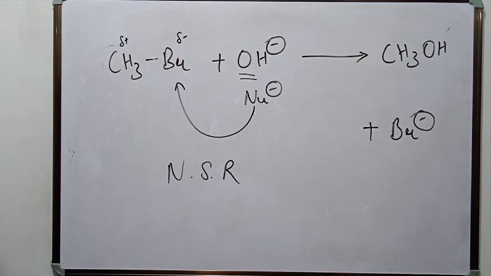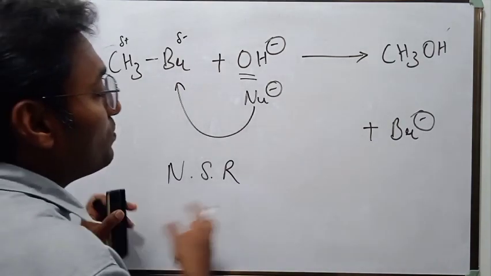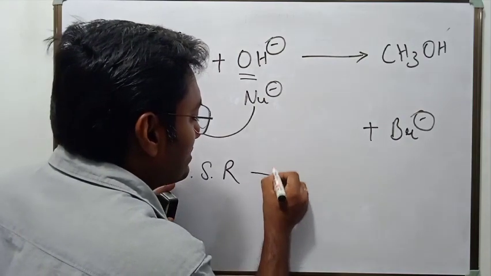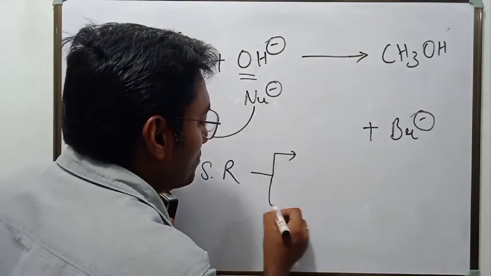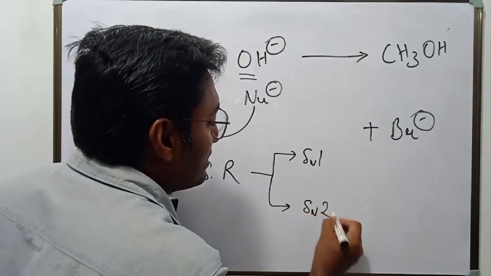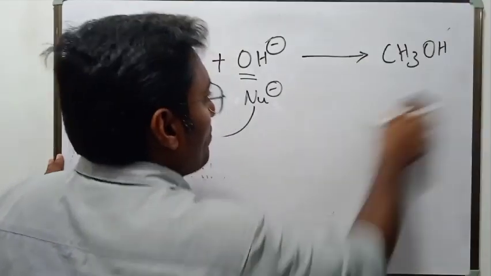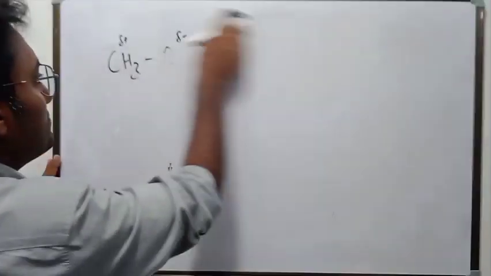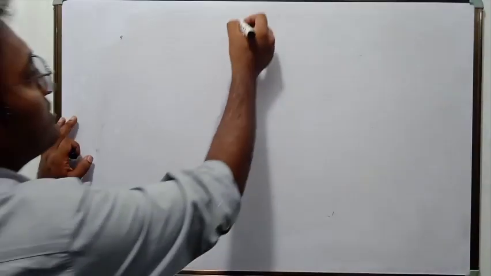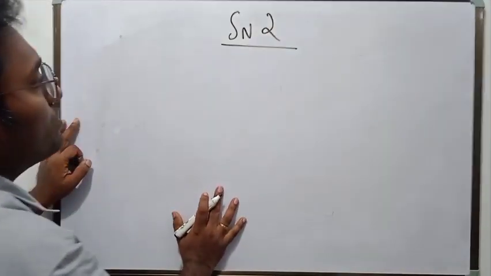Now let us come to specifically what is the SN2 mechanism. Nucleophilic substitution reaction, as I discussed, can proceed through two ways, SN1 and SN2 mechanism. Let us now study what is the SN2 mechanism. What is the full form of SN2?